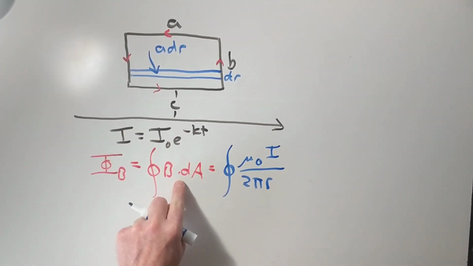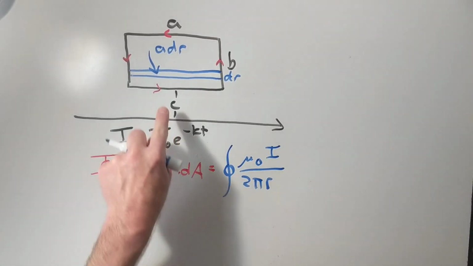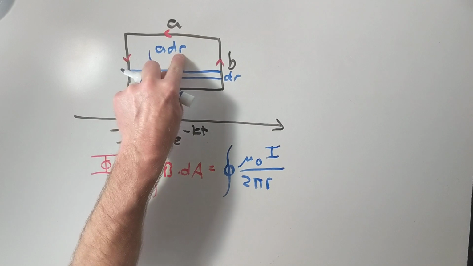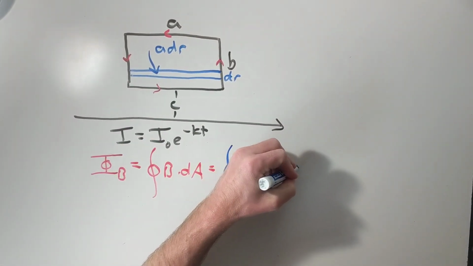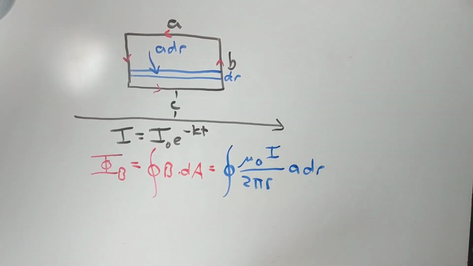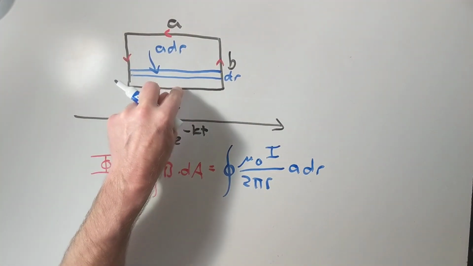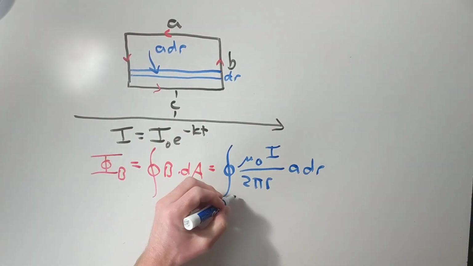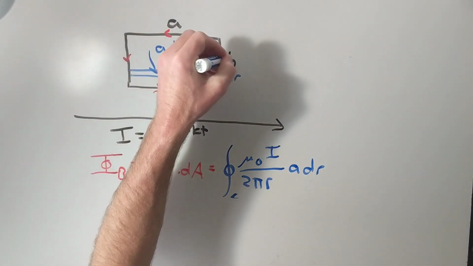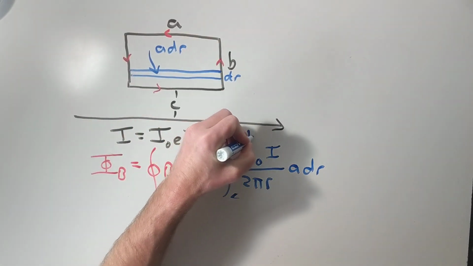But then you'll see that I'm going to integrate here over this area. The area is A dr. And I'll integrate. The wire starts at a distance C, and it ends at a distance C plus B.